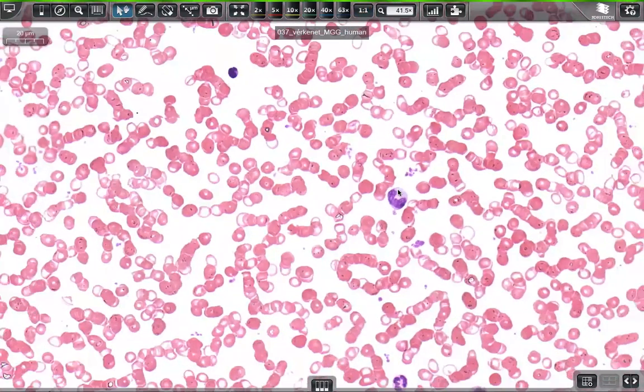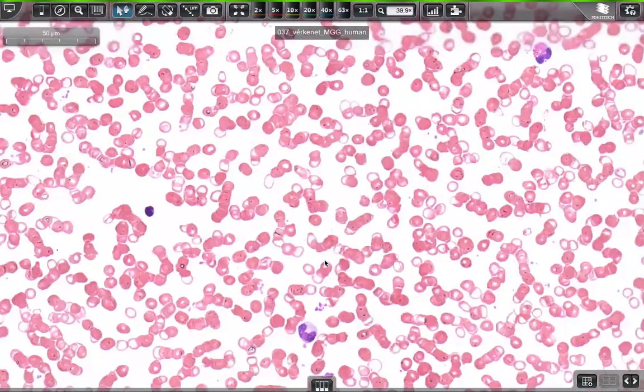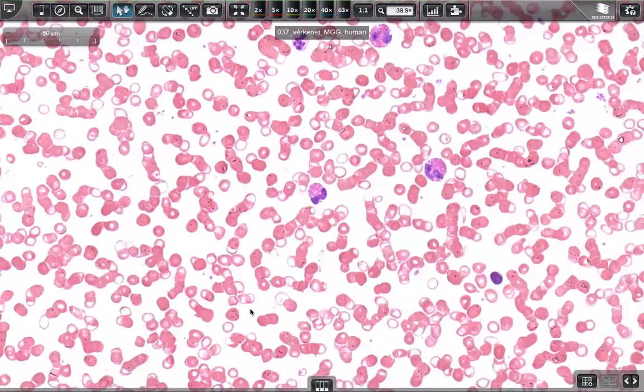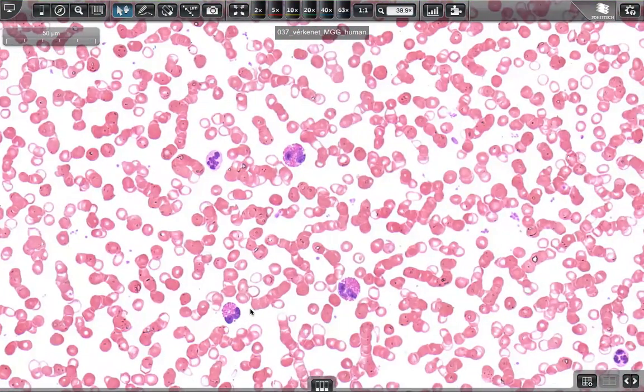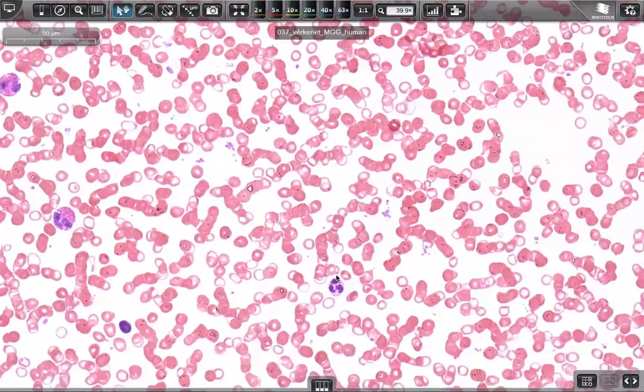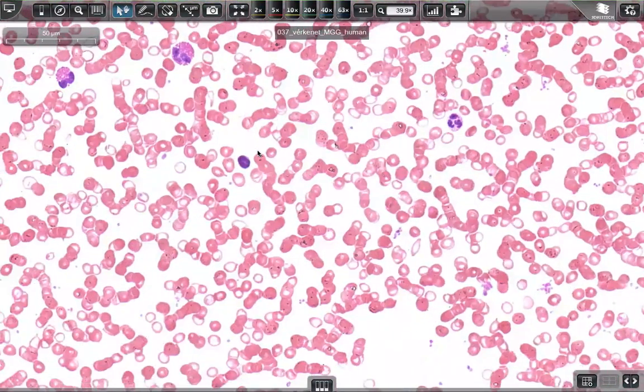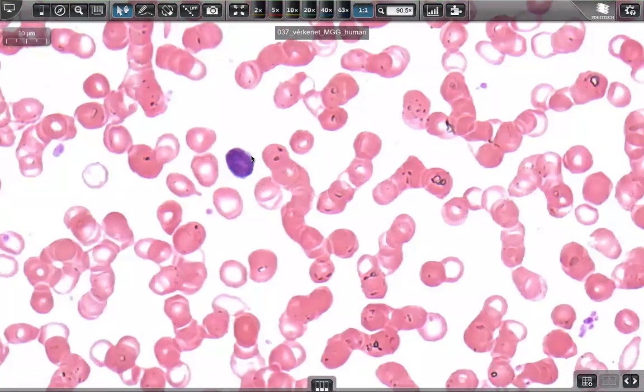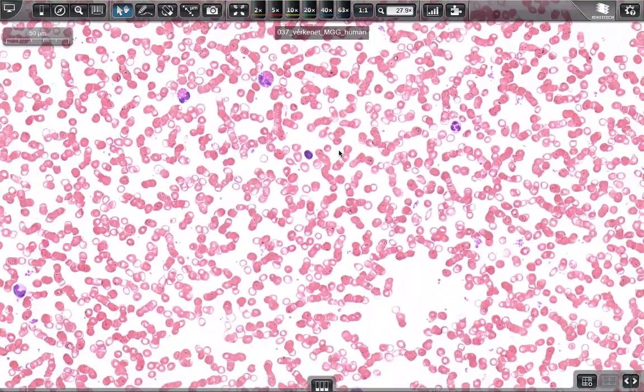You know, to find a basophil is a really hard job because it represents just 1% of the population of cellular elements. So eosinophil, neutrophil. That is a lymphocyte because it's quite similar to the size of the RBCs.